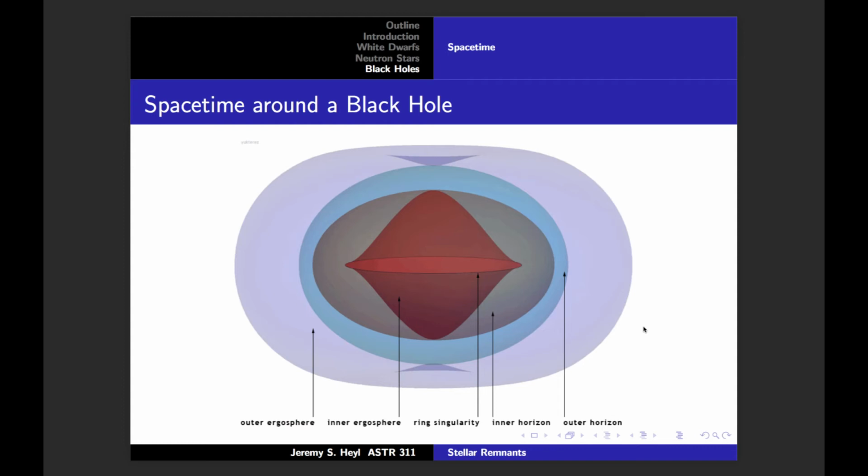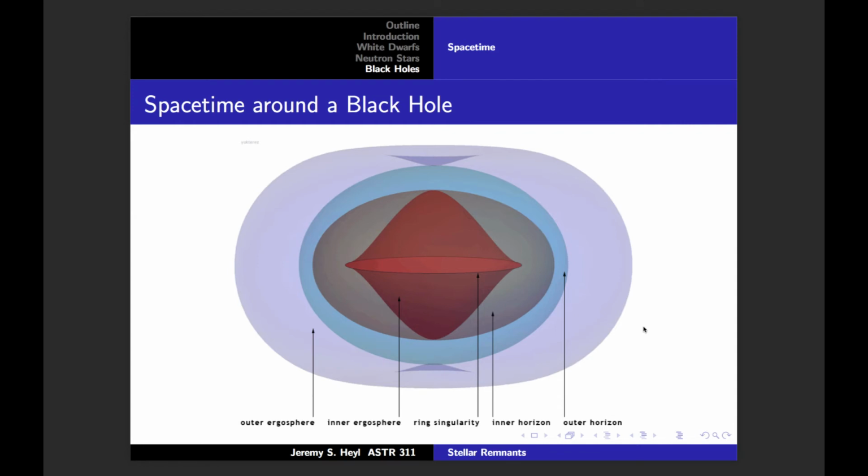It's impossible for you not to go around with the black hole. No matter how hard you try, once you get in the region, you're going to be spinning with the black hole. The whole space-time around there is spinning, and you have no choice but to go with the black hole. So that's this region here, the purplish region.